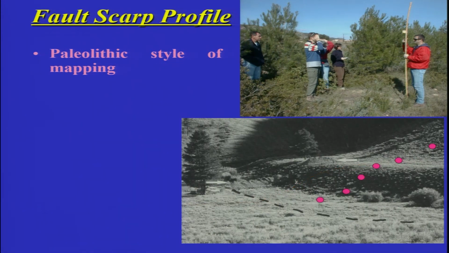These are the points which you can decide and take, and that can help you in generating the topographic profile. If you have this profile shown here, and you draw a line here and parallel to that in the undeformed surface and the deformed portion of the hanging wall or the footwall, then that will give you the height of the scarp.